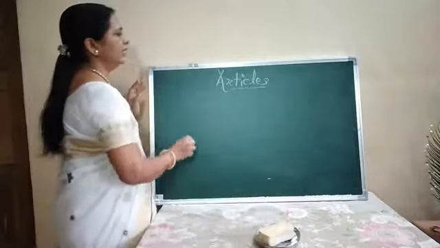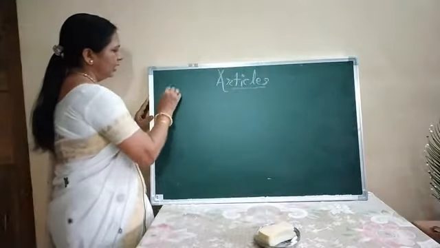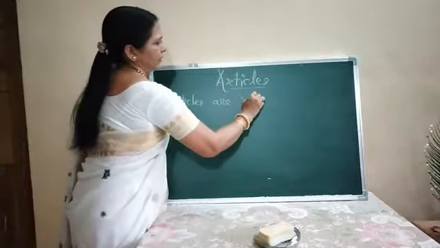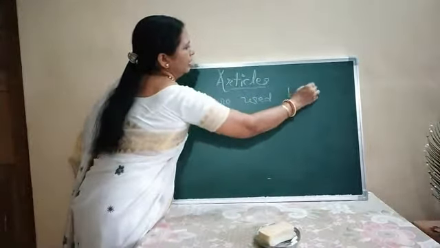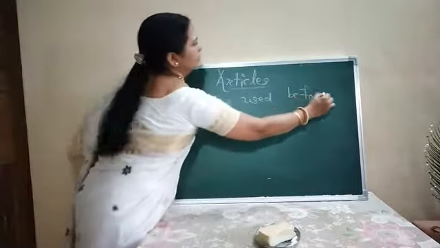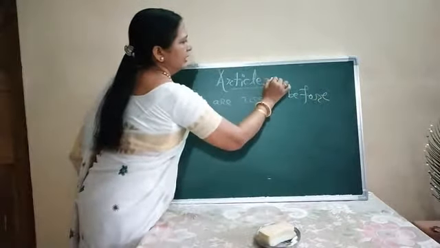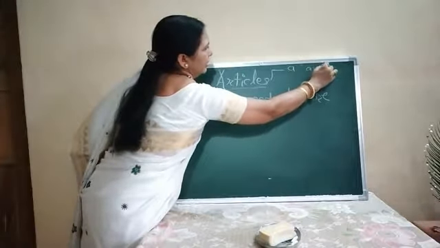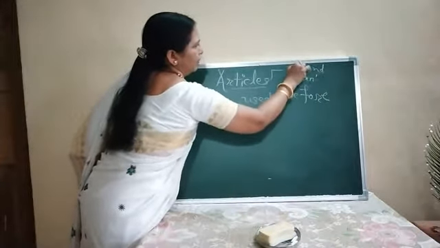The first thing to remember is articles are used before... See, articles, here we are thinking of a and an, these two.